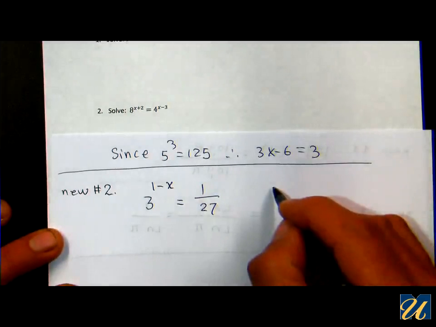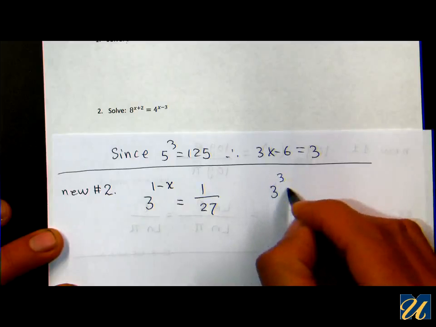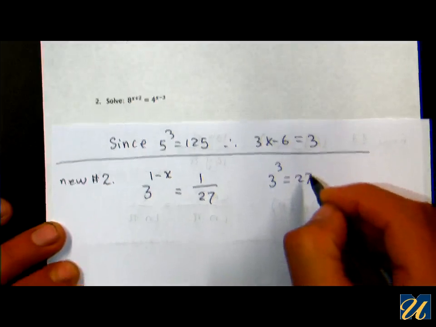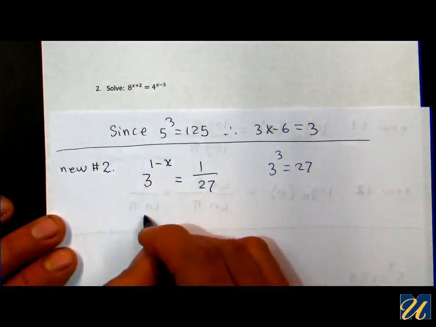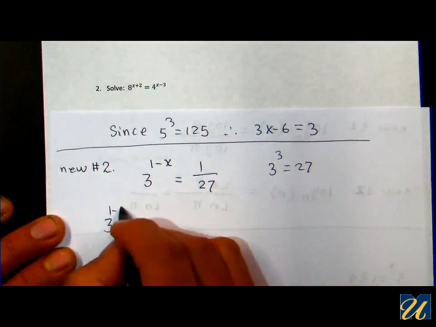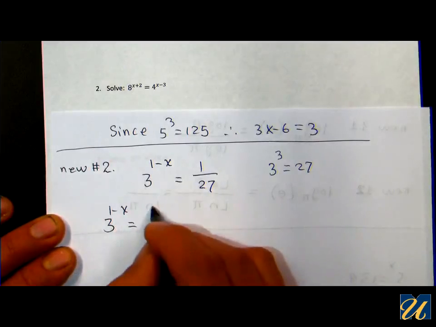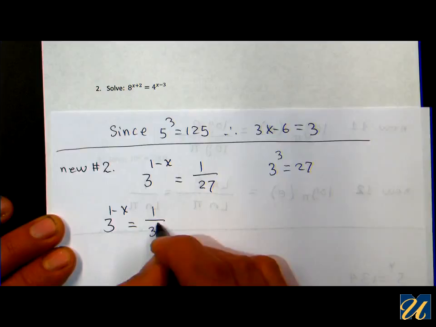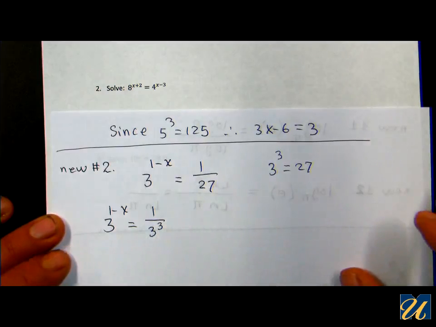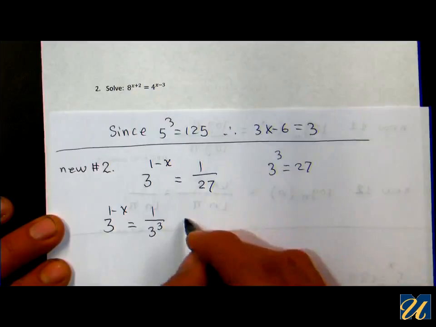Well, we know that 3 to the third power is 27. So I can rewrite this as 3 to the 1 minus x equals 1 divided by 3 to the third power, since 3 to the third power is 27.